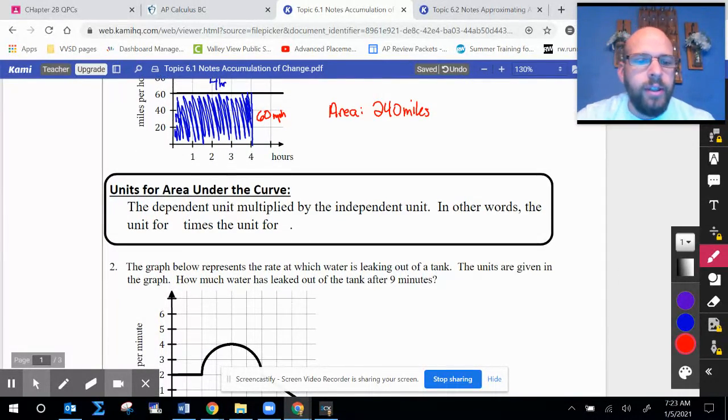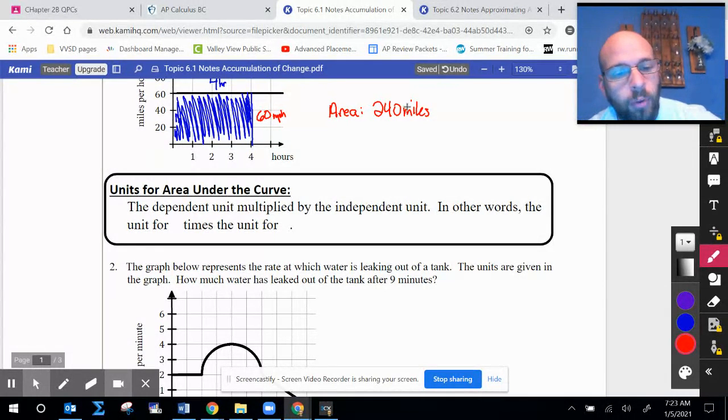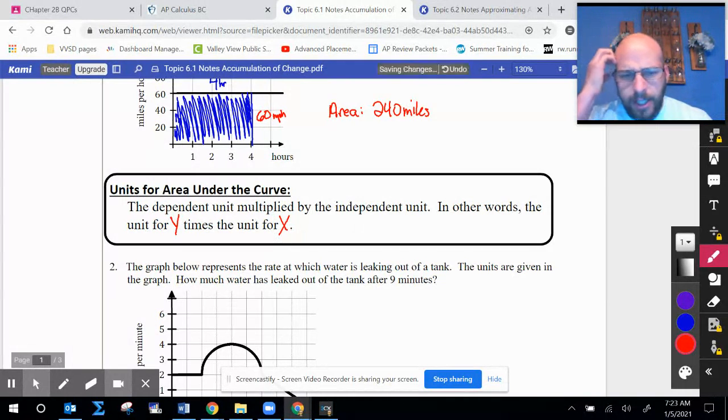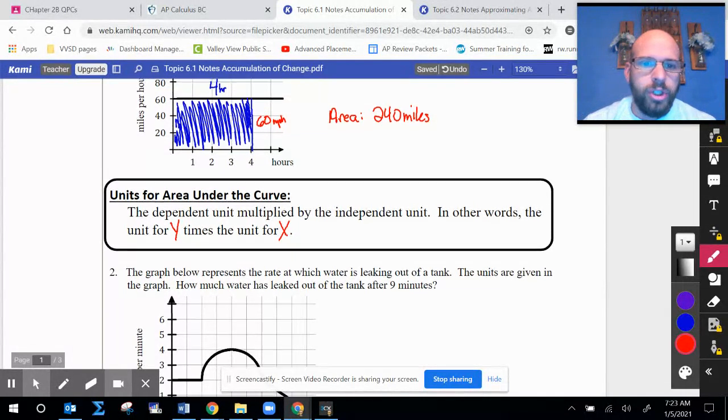There's a big idea that I want to use for this problem. When you're finding the units for the area under the curve, the dependent unit, or the y variable, is going to be multiplied by the independent unit. In other words, the unit for y times the unit for x. I'm going to take whatever the unit of the output is and multiply it by the unit of the input, which makes sense.